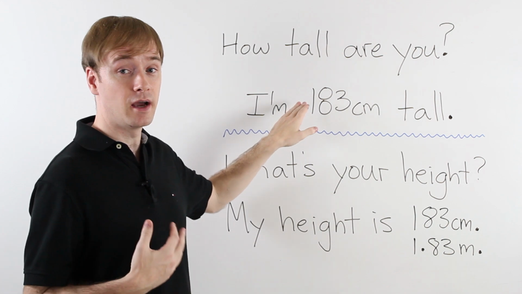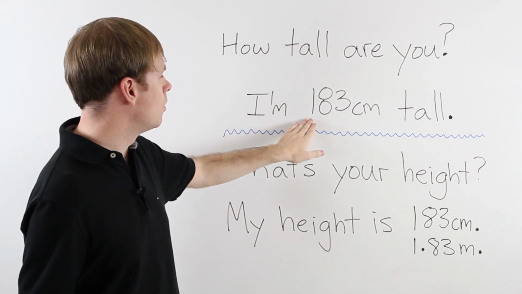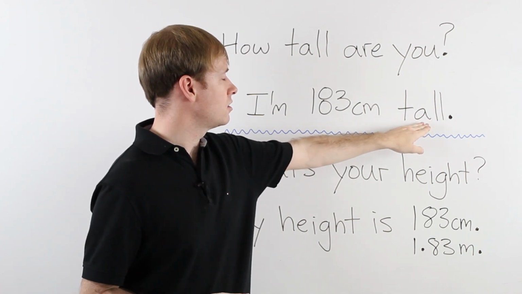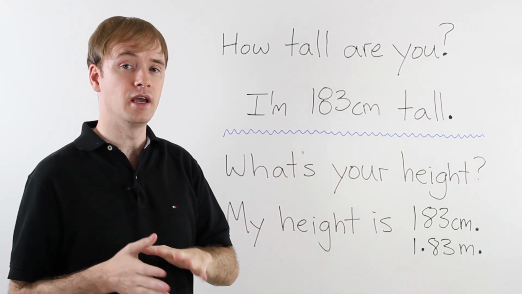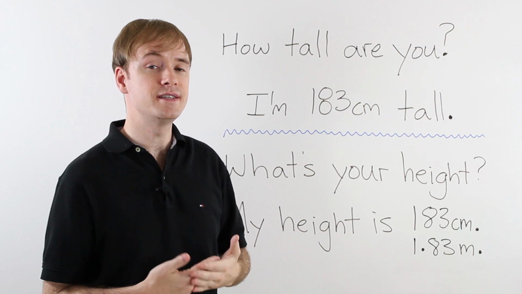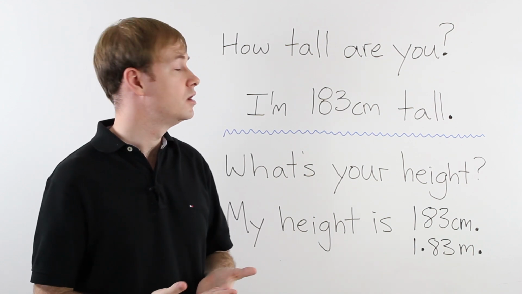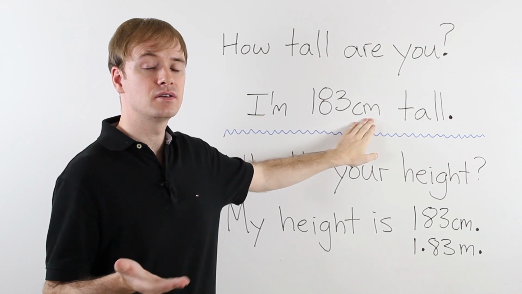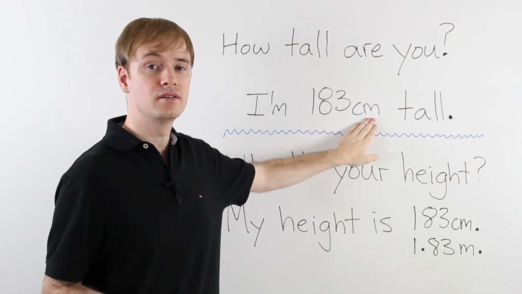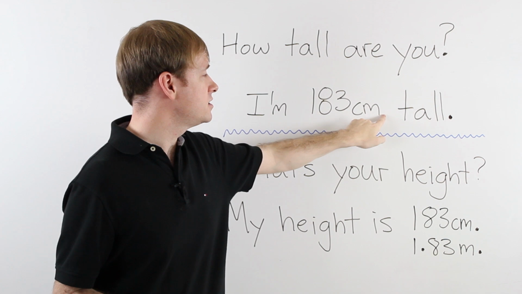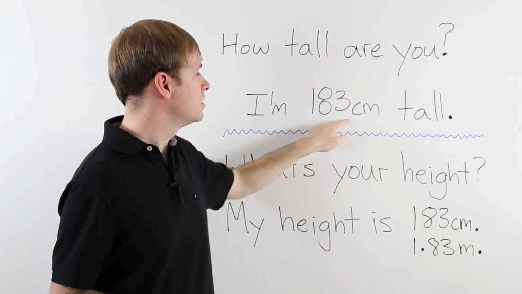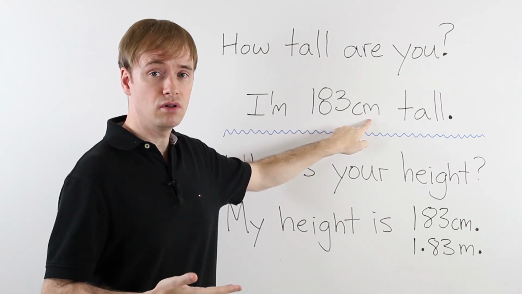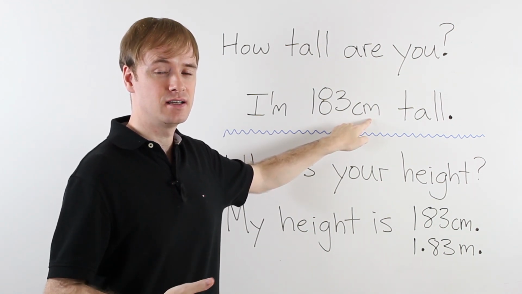So I put my height. I'm 183 centimeters tall. So listen again. I'm 183 centimeters tall. There's no S here, but when you're saying your height, you have to use the plural, centimeters.